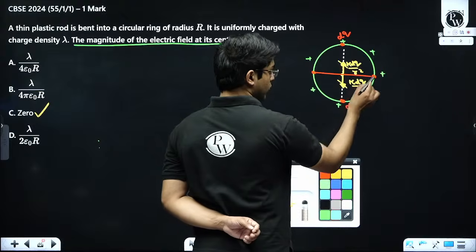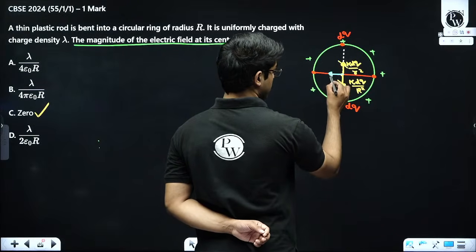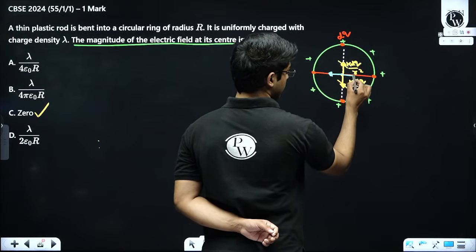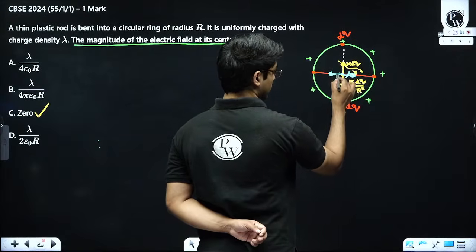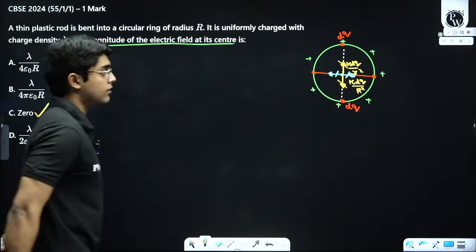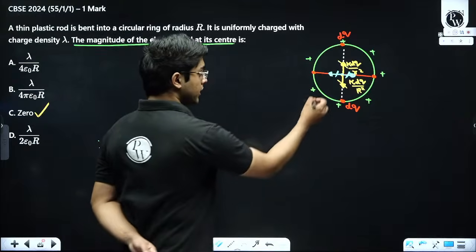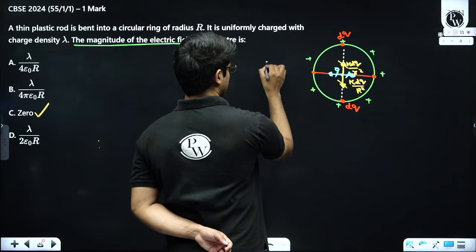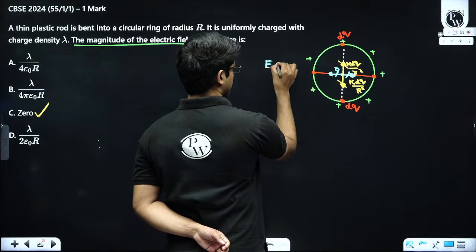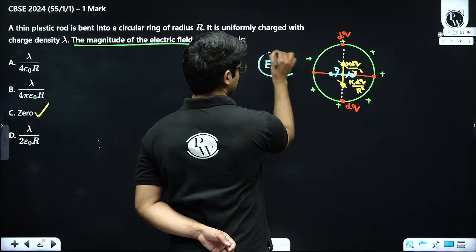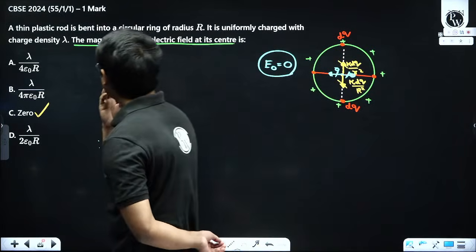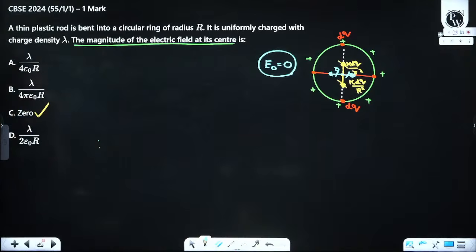Due to the dq on the right, field will be to the left. Due to the dq on the left, field will be to the right, and these two also cancel. Therefore, the field at the center will be 0. So that is this question. This is also a CBSE question itself.